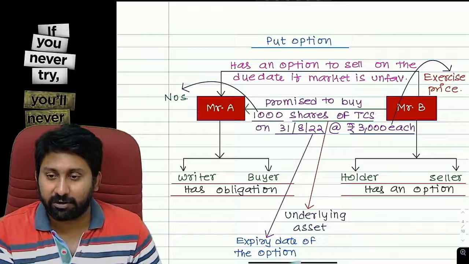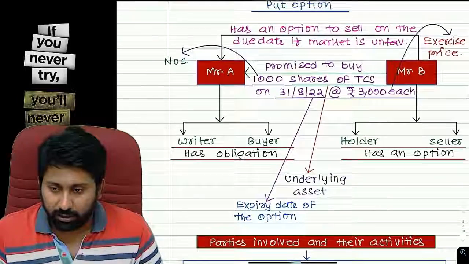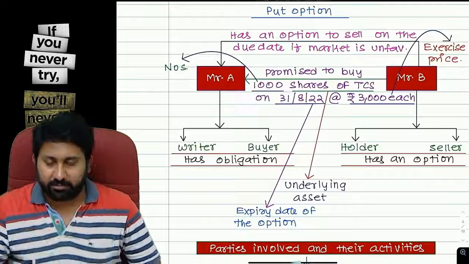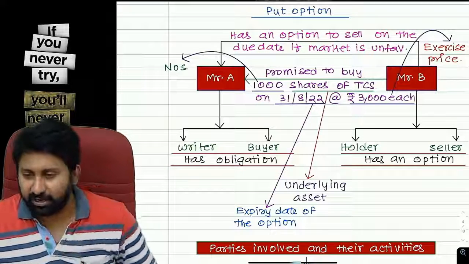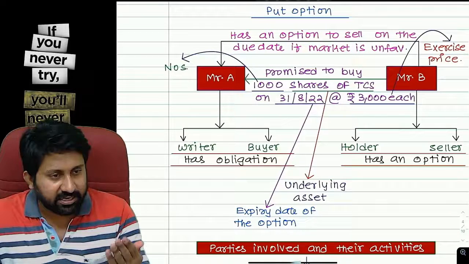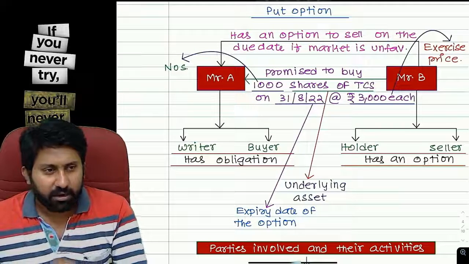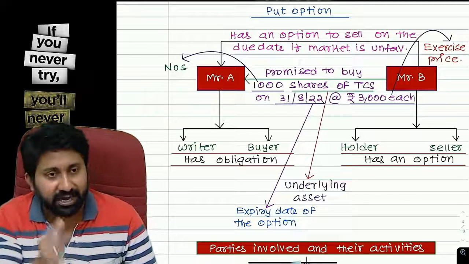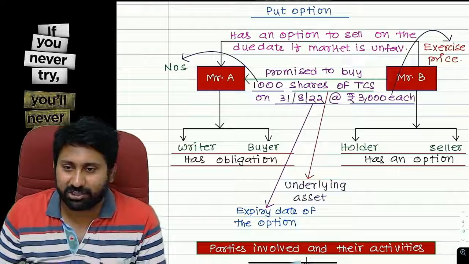So I hope everyone completed writing the notes. Now we have completed call option and put option as a concept. Generally, when it comes to derivatives, while understanding at a basic level it is fine, but while solving problems a lot of doubts will come. Why is he giving the answer like this? Why is he giving a question this way?